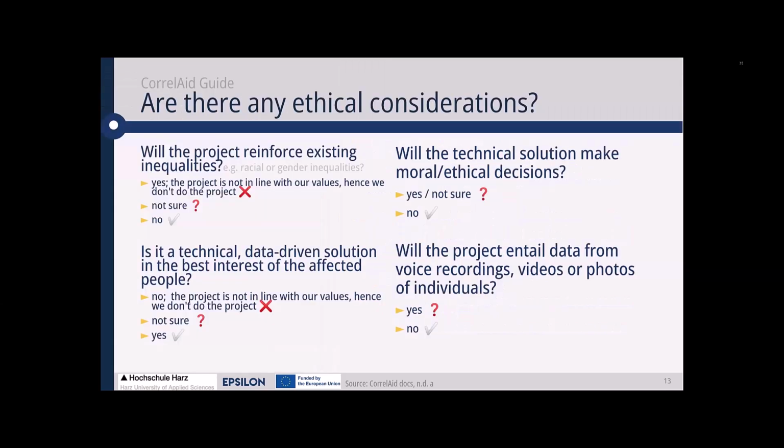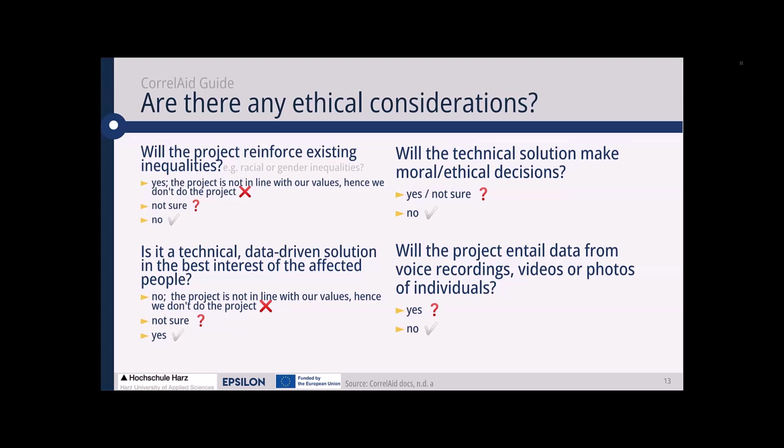What are the ethical considerations of projects? So the first question is, will the project reinforce existing inequalities? This question should definitely be answered with a no. If you're not sure, or if the project is not in line with your values, you should reject the project.